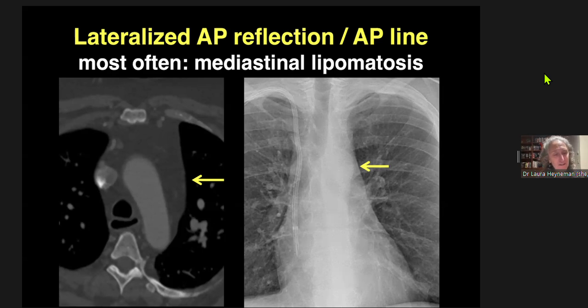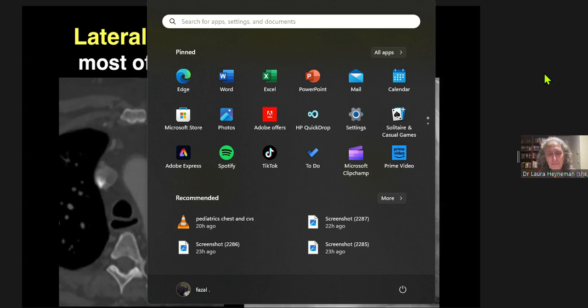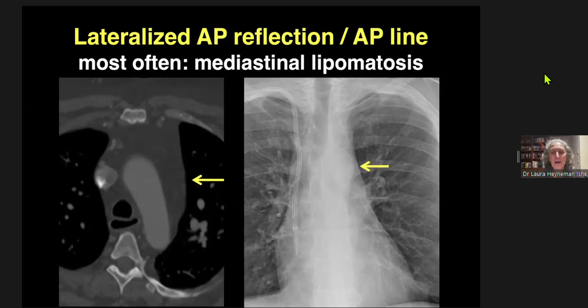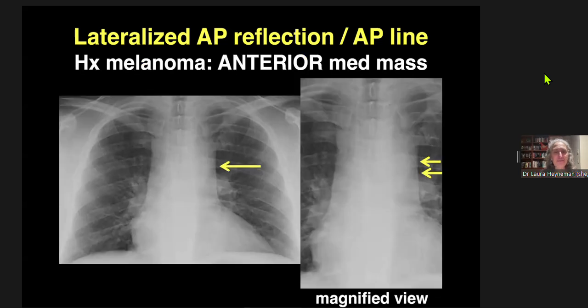Sometimes it's obvious that it's going to be fat based on, first of all, the patient's body habitus, the chronicity of the abnormality, if it's been there on multiple films for years. Often if the patient is on steroids and they have extra fatty deposition, again, the vast majority of the time, this is due to fatty deposition.